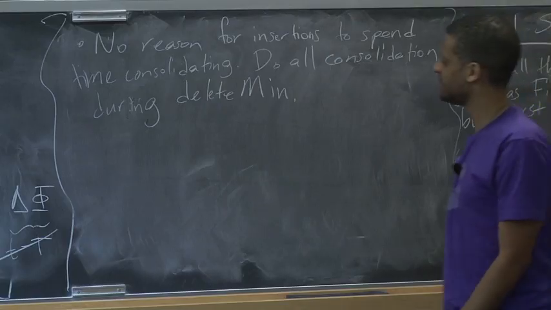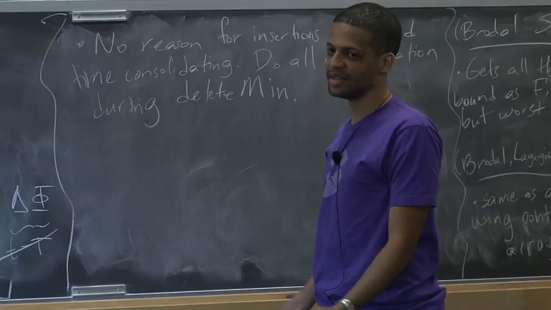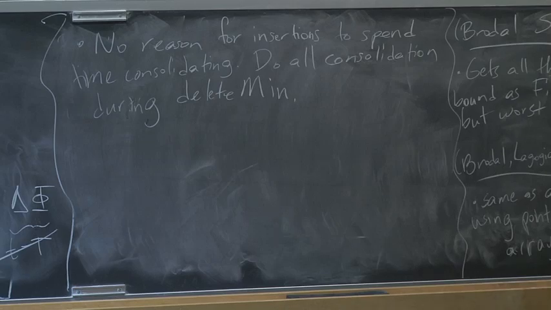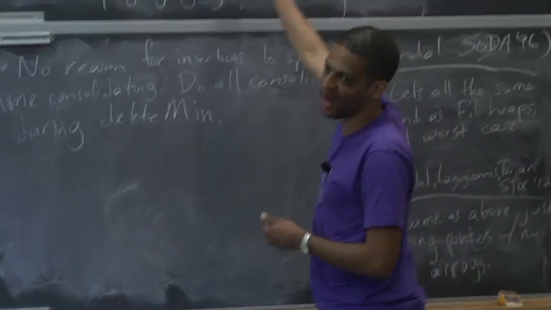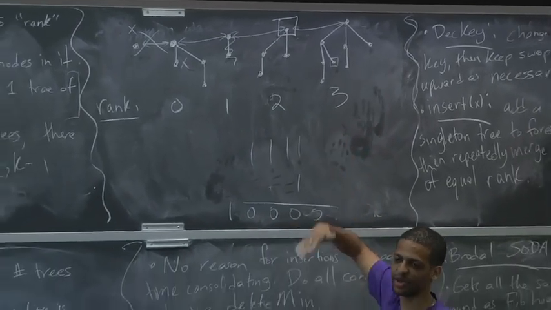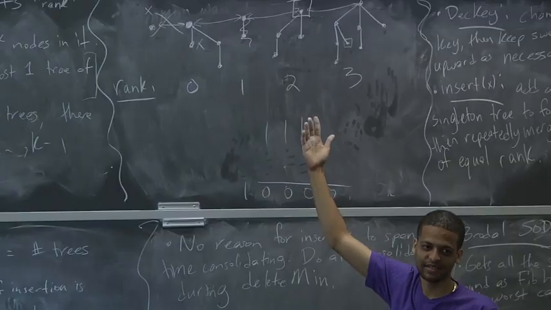Okay. But it's not delete min we're trying to speed up. It's decrease key. And it looks like decrease key is in bad shape, right? If you're in a tree that has big rank and you're doing this bubble up stuff, then you're going the height of the tree, which is log n.